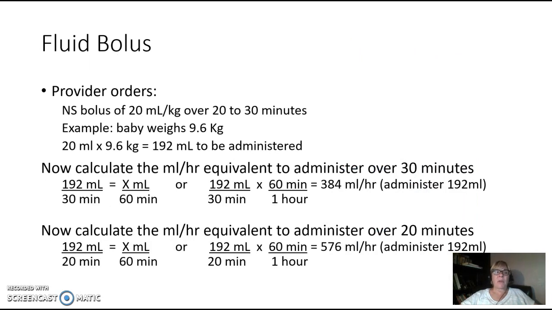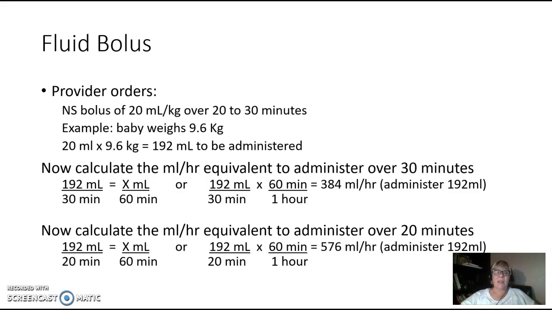We have an order for normal saline bolus of 20 mLs per kilo over 20 to 30 minutes. And we have a baby who weighs 9.6 kilos. So our 20 mLs times our weight of 9.6 gives us 192 mLs to be administered. Now we've got to do the math.